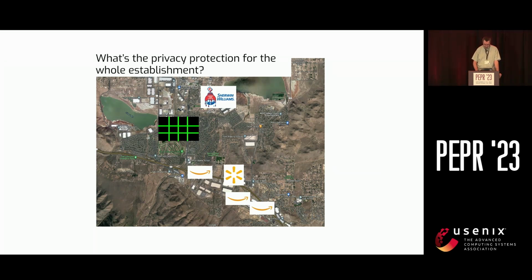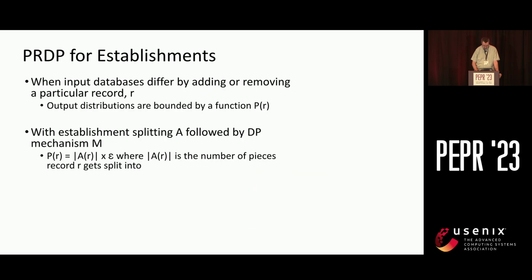And so this allows us to give a tailored privacy loss claim based on the characteristics of the establishments that we are protecting, with the goal really being able to make strong claims about a majority of establishments, but then there are going to be establishments that suffer worse privacy loss as a result of this.